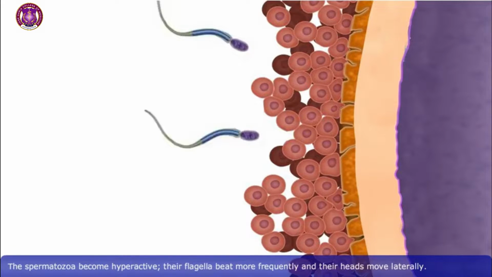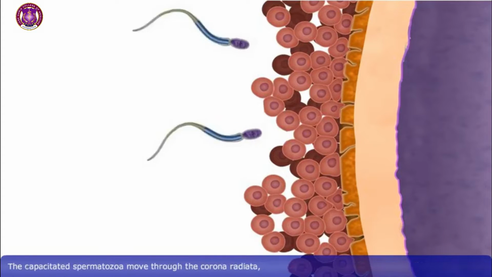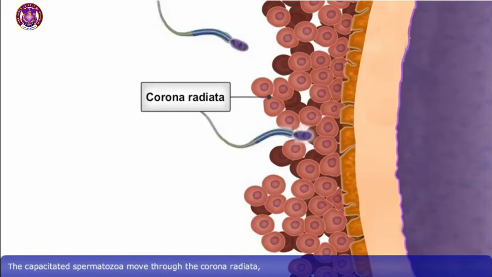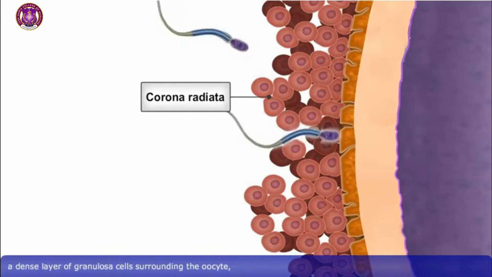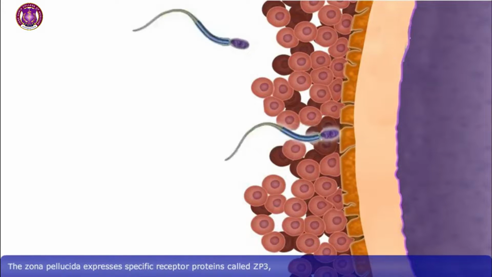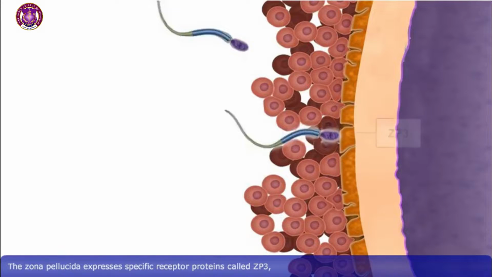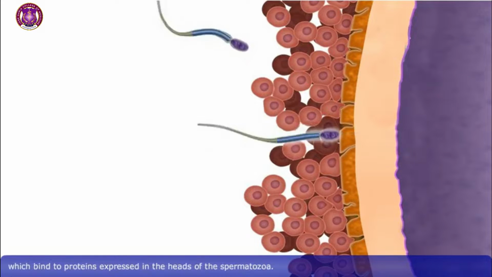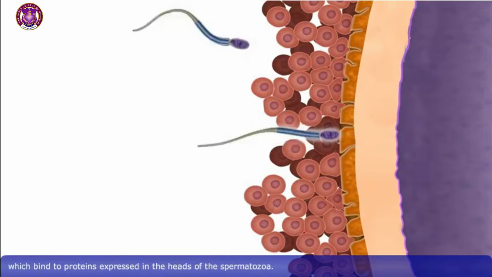Their flagella beat more frequently and their heads move laterally. The capacitated spermatozoa move through the corona radiata, a dense layer of granulosa cells surrounding the oocyte, and come into contact with the zona pellucida. The zona pellucida expresses specific receptor proteins called ZP3, which bind to proteins expressed in the heads of the spermatozoa.